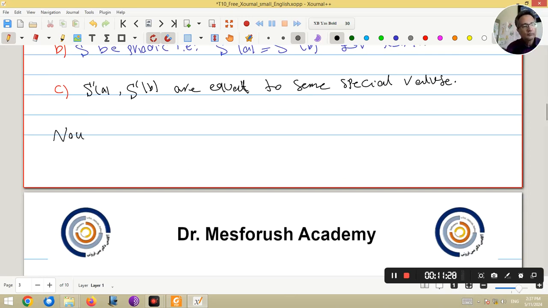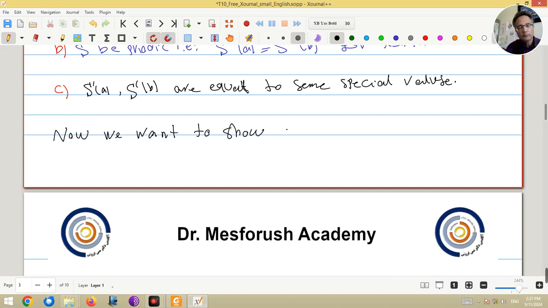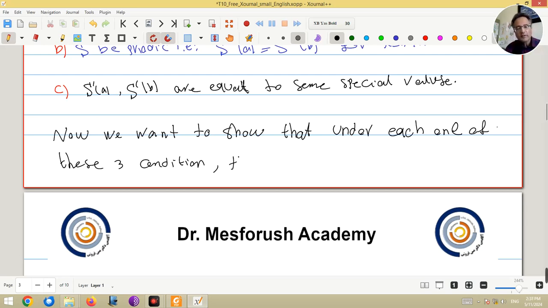Now we want to show that under each one of these three conditions, there is a unique spline, in fact a unique cubic spline.